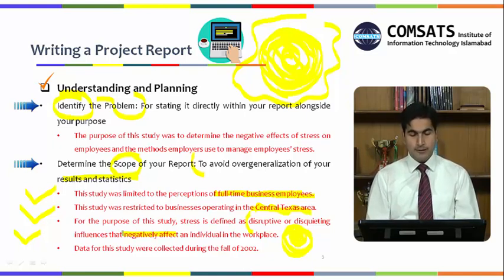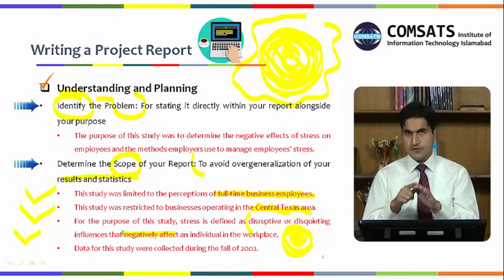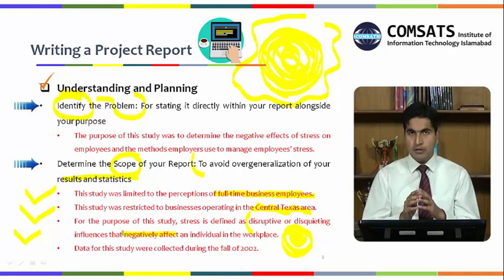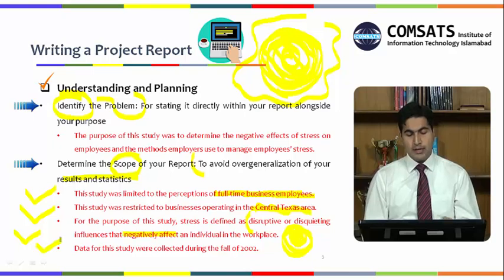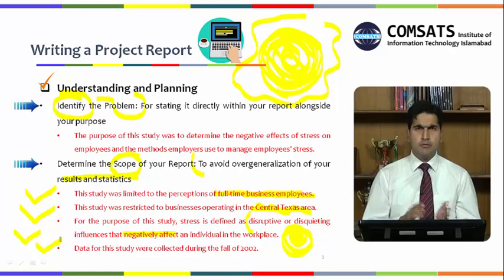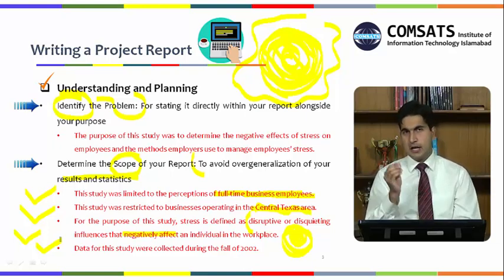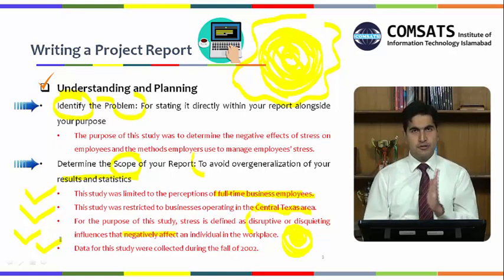And then you move ahead to another range. We had a special range, that is, a boundary within space. Now you're going to see a boundary within time. Data for this study were collected during the fall of 2002. Fall means, of course, the American reference that I gave you for the seasons.